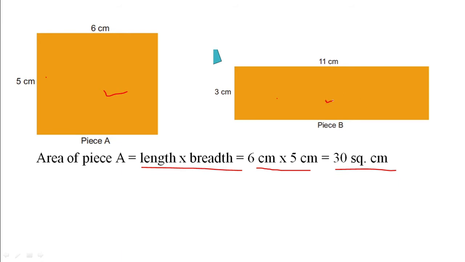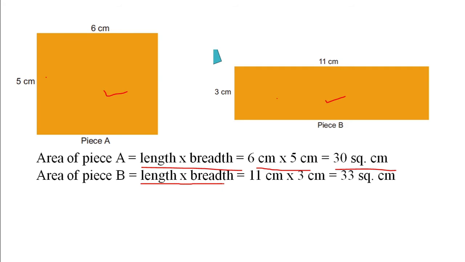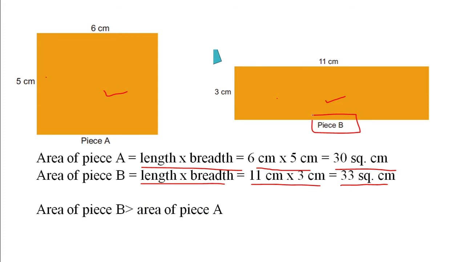And area of piece B, length into breadth, that is 11 into 3 centimeter, that is 33 square centimeter. So the area of piece B is larger than the area of piece A. So slice B is bigger than slice A. So this is the simple way to calculate the area. Just multiply length and breadth.